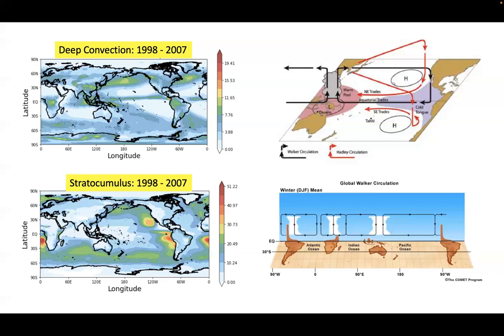So these two cloud types play the most important role in modulating energy and the water cycle in the climate system. That's why we oftentimes single them out for separate studies. So in this class, I'm using them to make the case that by looking at this cloud distribution, you can infer what's happening in the atmospheric circulation.